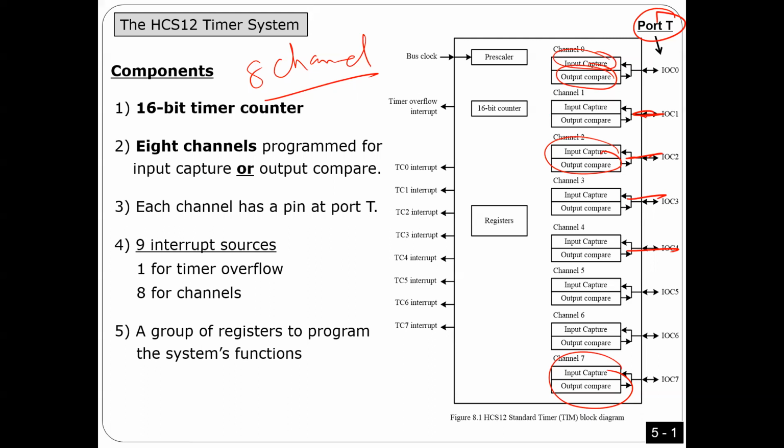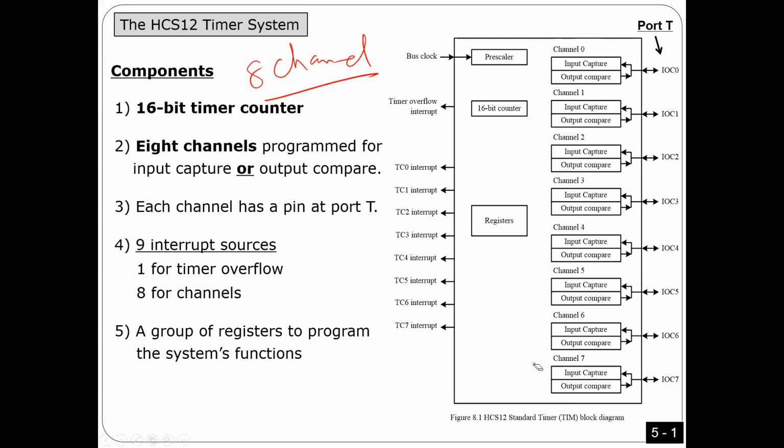It cannot do both at the same time, but you can program it, similar to what we did before. For example, you can program all of them as input capture if you need many input captures in your application, or all of them as output compare if you need that. You can program this one input, this one output, this one input, this one output, whatever you want. Is that okay, guys? Any questions?